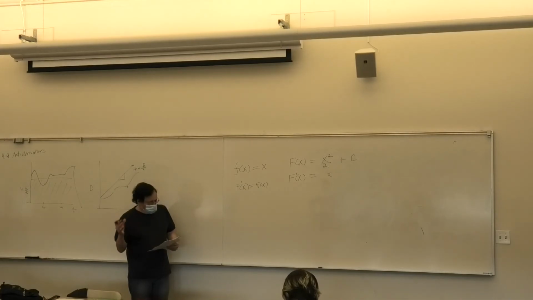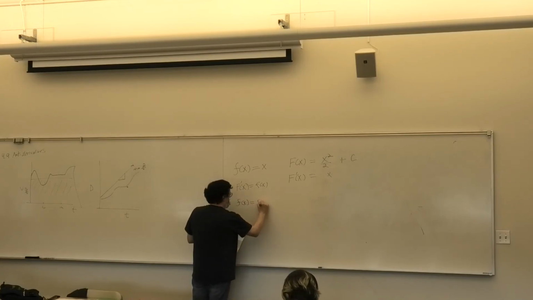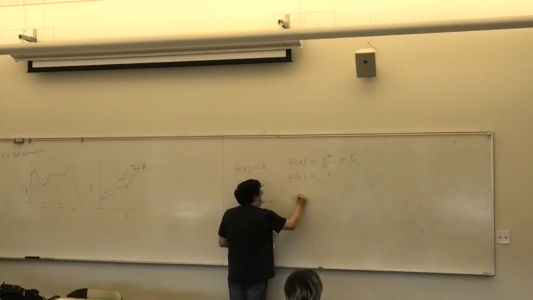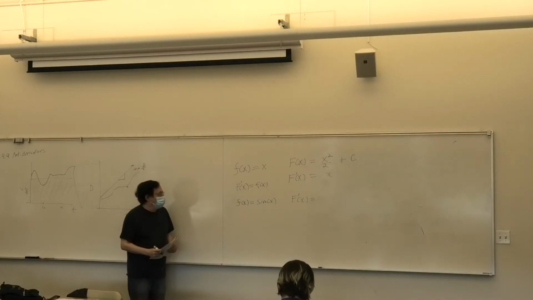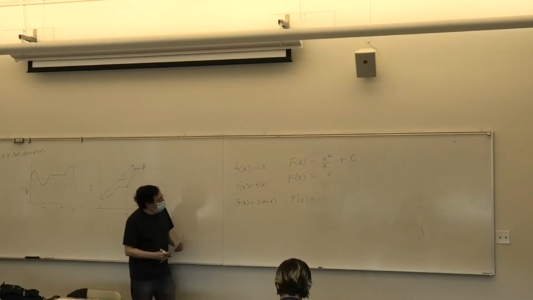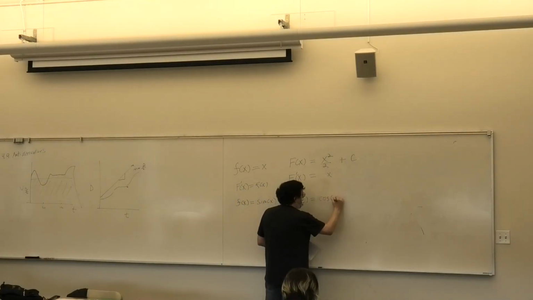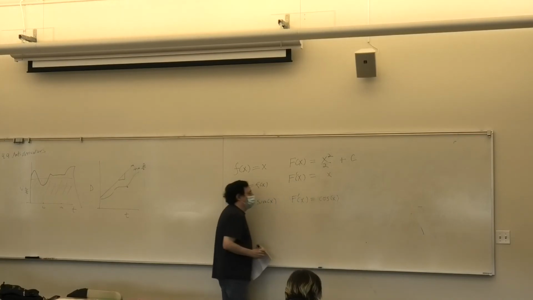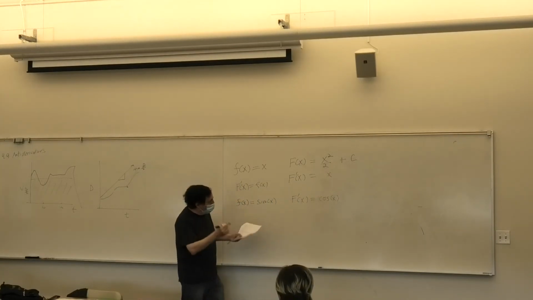Let's do one other example. Let's say f of x equals sine of x. And I want some function where the derivative of this function is the sine of x. Well, again, you might want to try cosine of x. We work backwards.